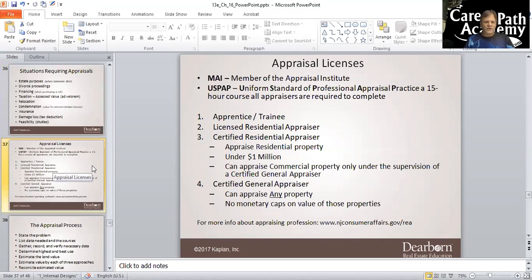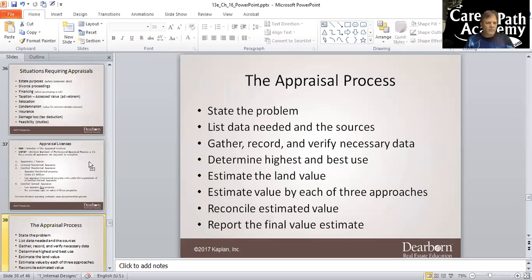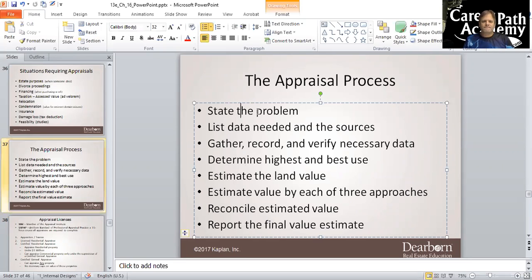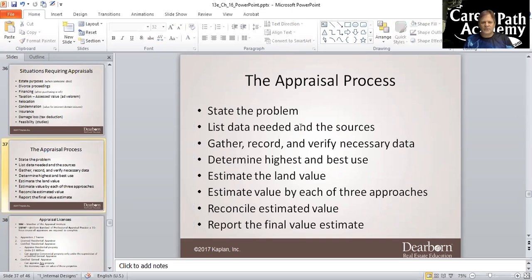So let's go over the appraisal process. We're still on page 230 to 231. State the problem, list the data needed and the sources, gather records, and verify necessary data. This is all stuff that the appraiser does.